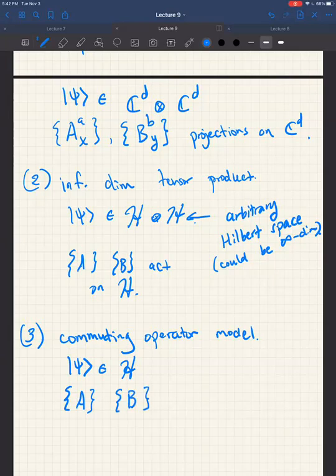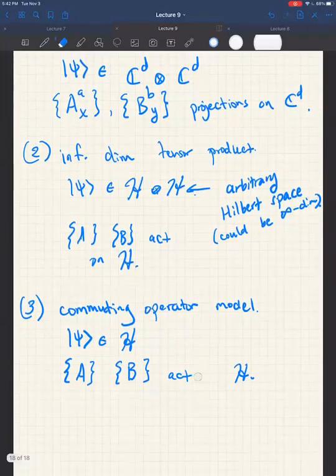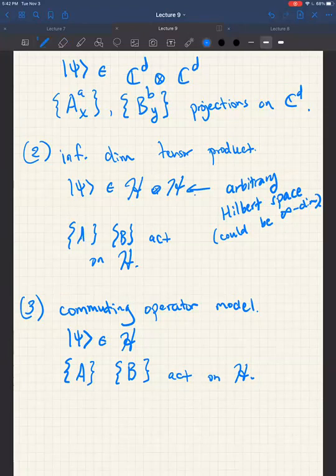Their measurement operators also act on H. But we're going to have the constraint that Alice and Bob's measurement operators always commute.